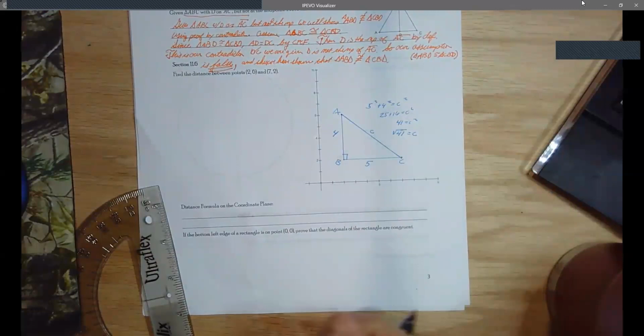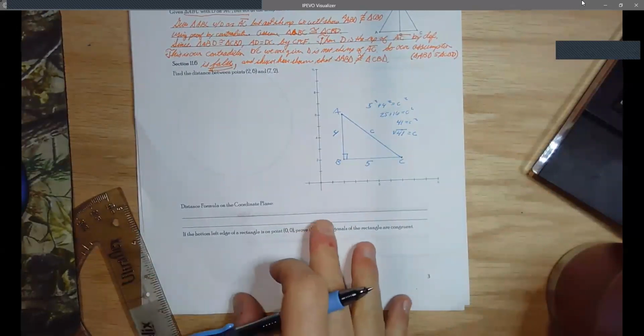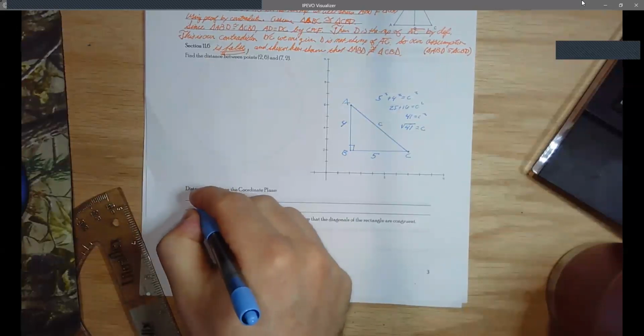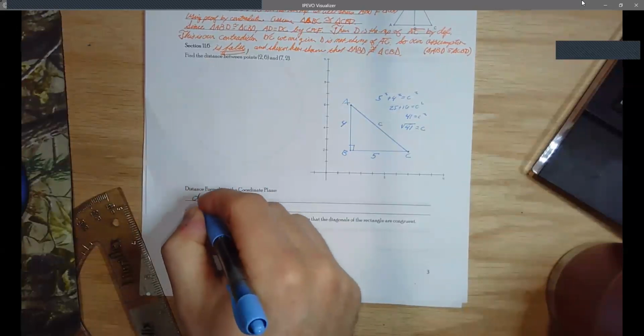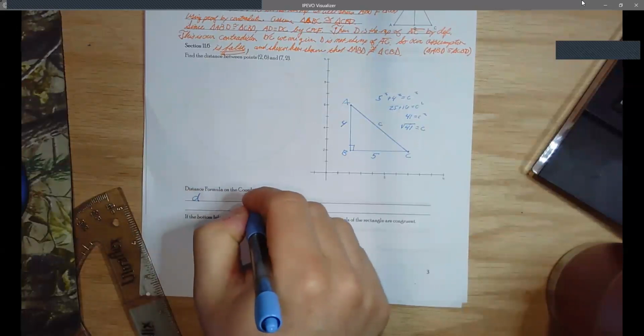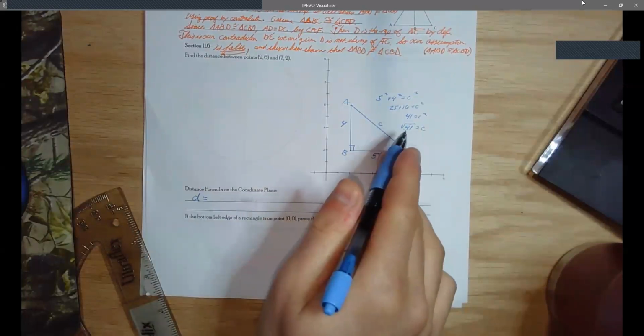All right, well, we can also do this using the distance formula on the coordinate plane. So the distance formula says the distance between any 2 points, x1, y1 and x2, y2. It's based off of the Pythagorean theorem here.